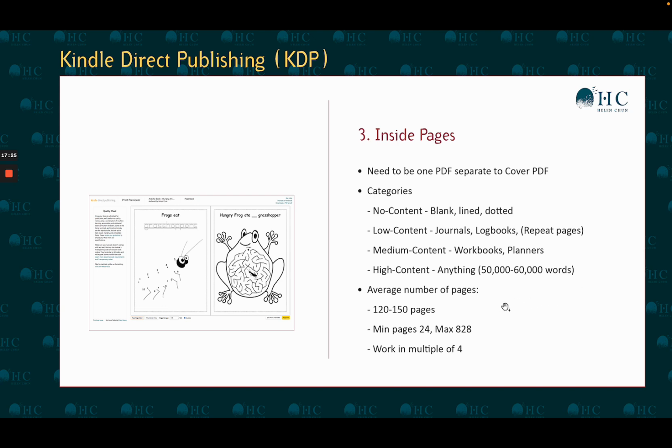So the average number of pages is 120 to 150 pages. Minimum pages is 24 and the maximum is 828. But remember always to work in multiples of 4, because if you think about a book, you've got one page. Think of this as one sheet.